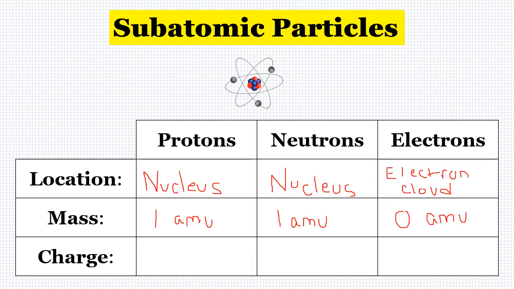Okay, protons have a charge of +1, positive charge. Neutrons have no charge. And electrons have a charge of -1. It's a negative charge. So protons are easy to remember. Positive starts with the letter P, and we know that they have a positive charge.